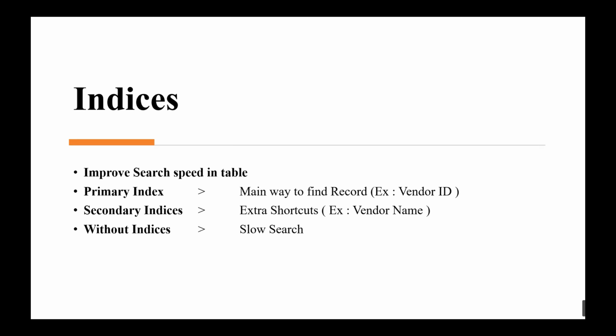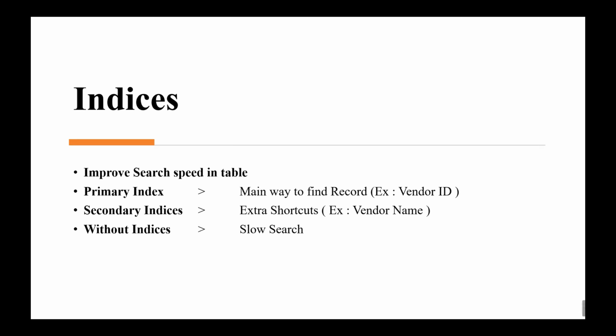We have a primary index, which is the main way to find a record. For example, searching a vendor by vendor ID. And we have secondary vendor indices for extra shortcuts, for example searching a vendor by name or city.